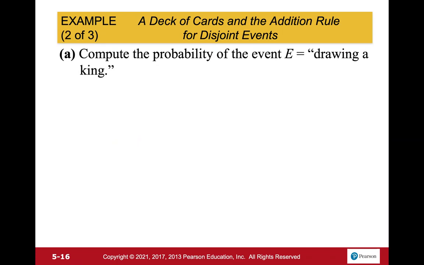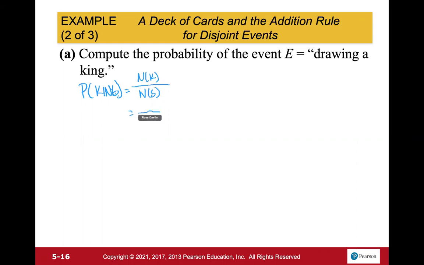All right, so now compute the probability of the event E, drawing a king. So let's look at that in total. We have the probability of drawing a king. So that's equal to the number of ways of selecting a king divided by the number of the sample space. So we just talked about the sample space.